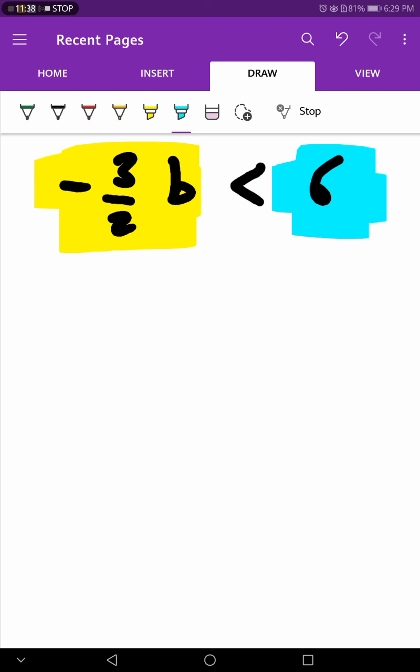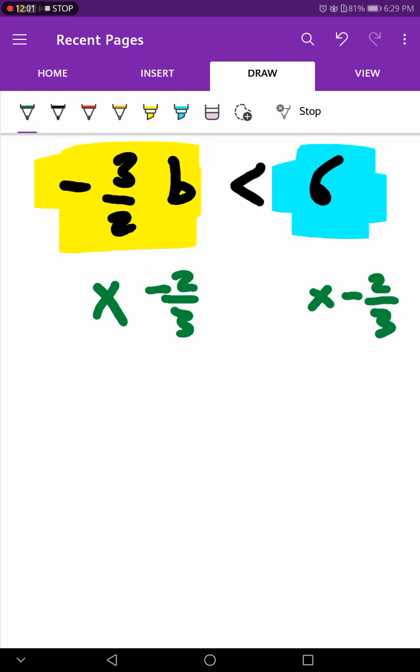Negative 3/2, and the reciprocal is 2/3. So what we have to do here is multiply by negative 2/3 on both sides. What Yaman did, he found the reciprocal of 3/2, which is this number. Now on the left side, the b comes down alone and happy.